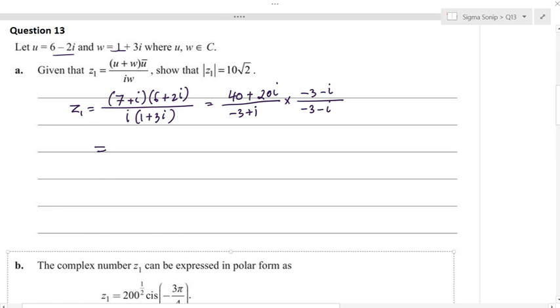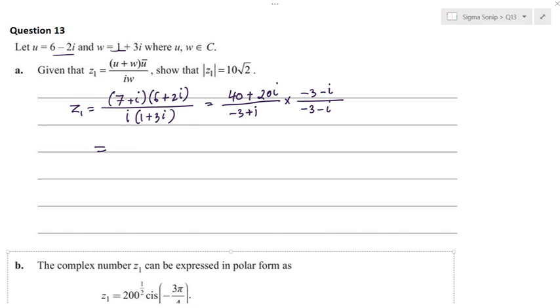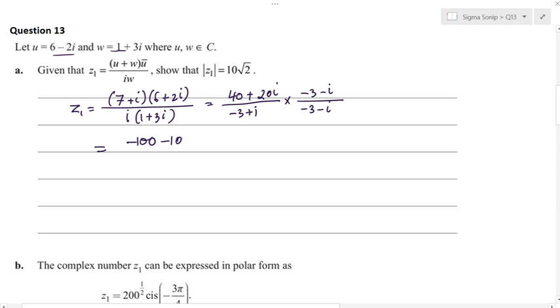Then when we multiply this, we get 40 times minus 3 is minus 120, plus 20. So basically you get minus 100 here. And then I get minus 60 and minus 40 is minus 100 iota, divided by 9 plus 1, which comes from 3 square plus 1 square, and this gives us minus 10 iota.